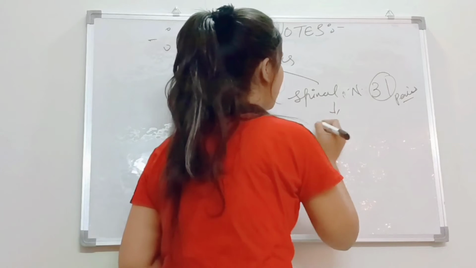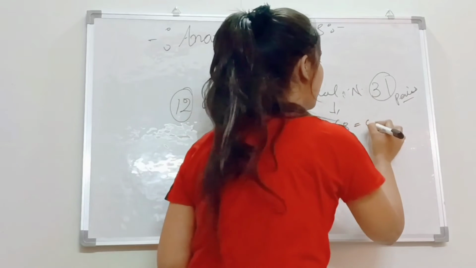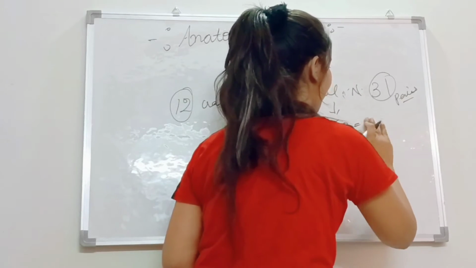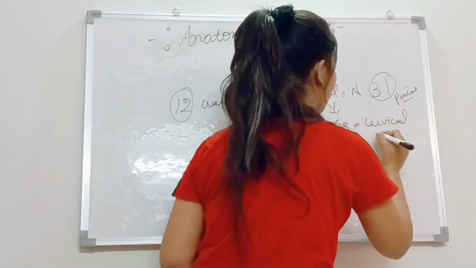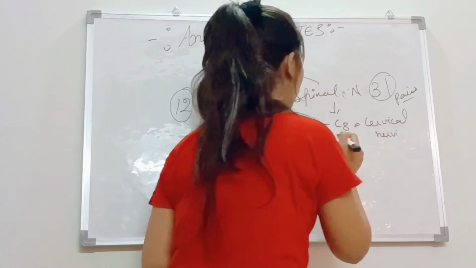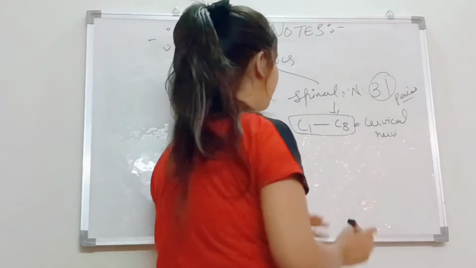So there are C1 to C8. They are referred to as the cervical nerves. From C1 to C8, these are called cervical nerves.